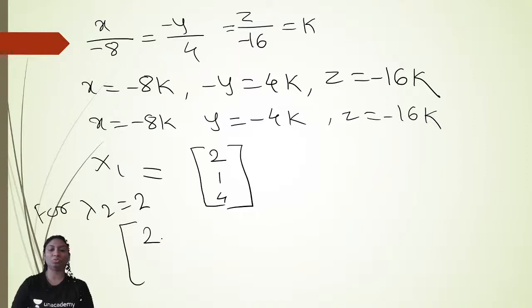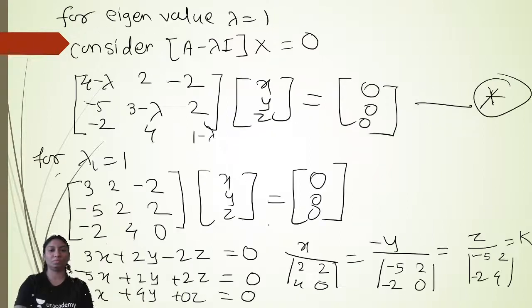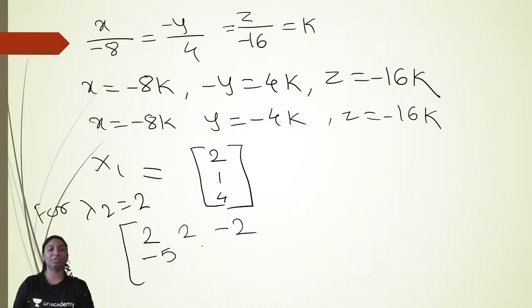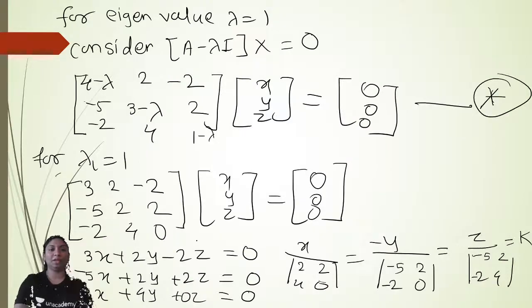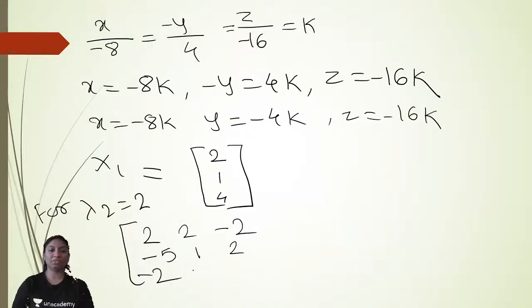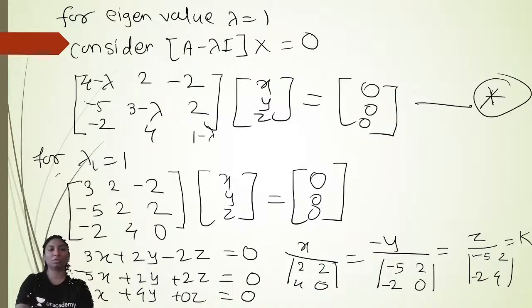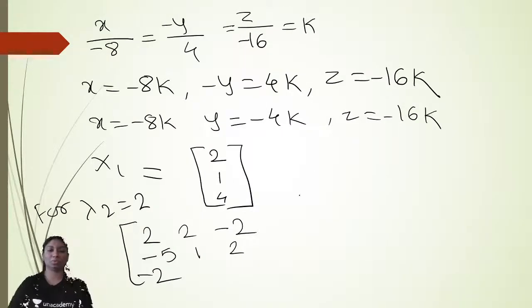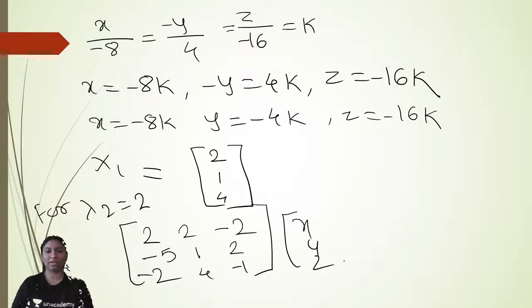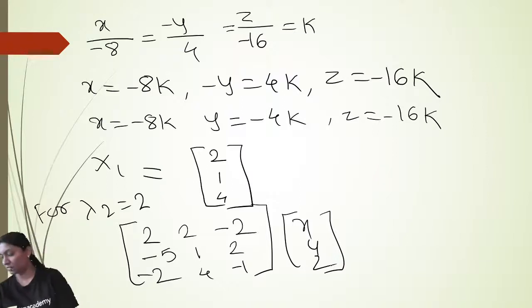We'll get the matrix 2, 2, minus 2, then minus 5, 3 minus 2 which is 1, and 2, then minus 2, 4, 1 minus 2 which is minus 1, into x, y, z.